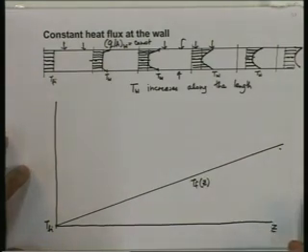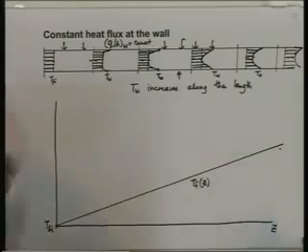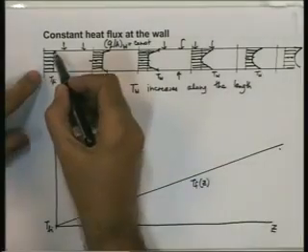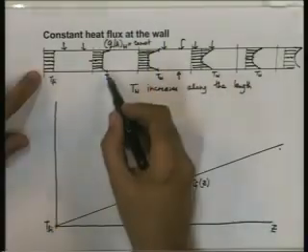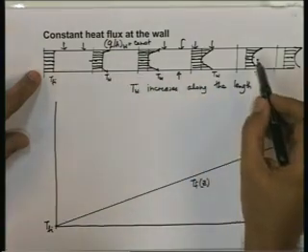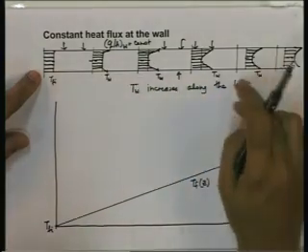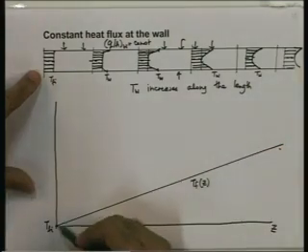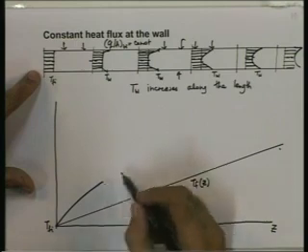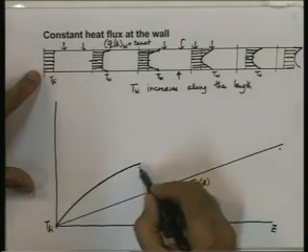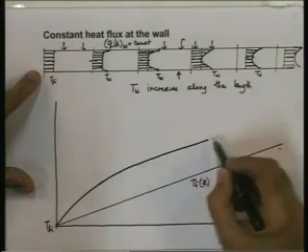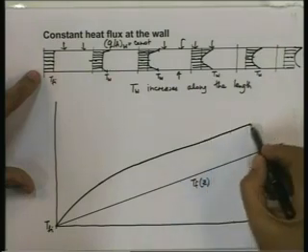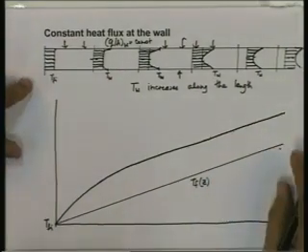What happens to the wall temperature? Notice that initially the wall temperature would be very near the fluid inlet temperature. So the wall temperature would also start from here. It would increase, and after some distance it will become parallel to this.